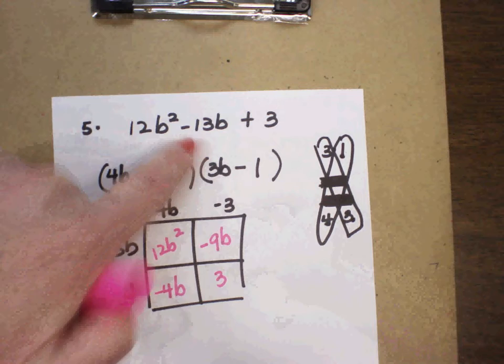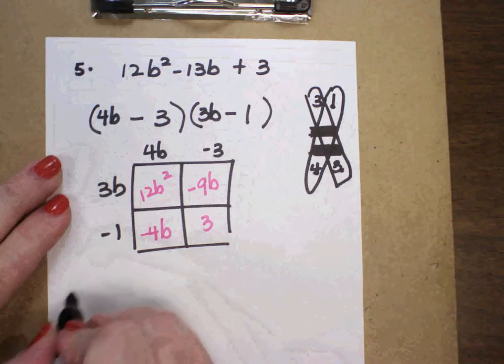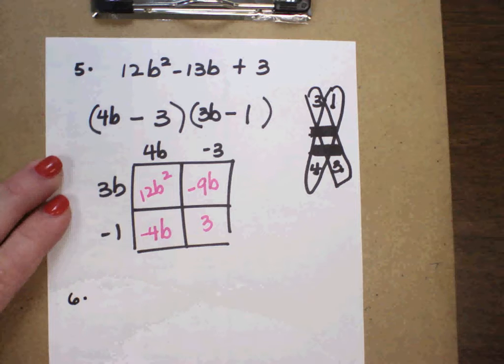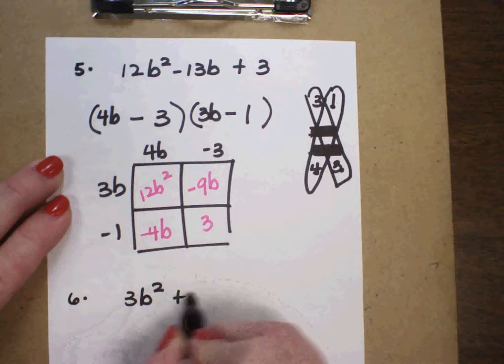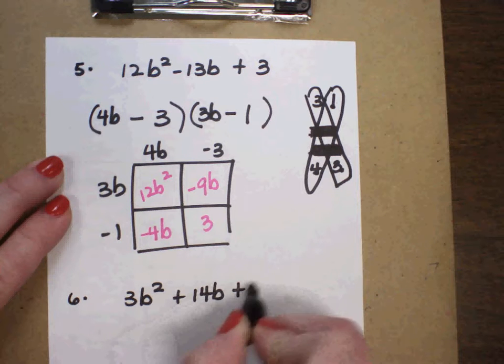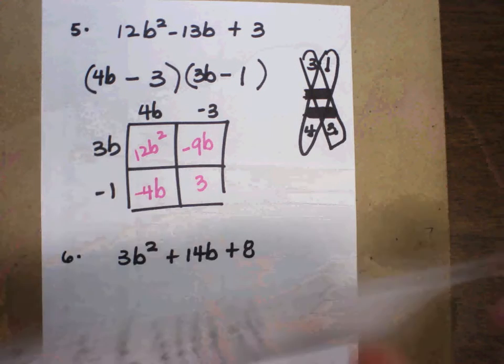All right. Factors of 8 and factors of 3. Of 8, 8 and 1, 4 and 2. And of 3, just 3 and 1. So might as well just write it here, right? 3 and 1. Yes?